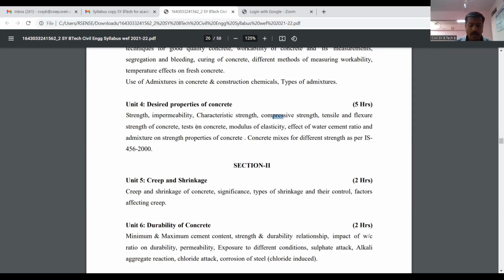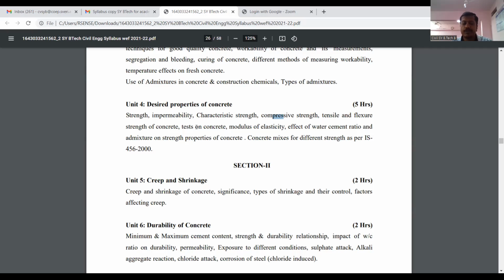Earlier, in the fresh stage, we studied the properties of concrete like segregation, bleeding and workability. Now in chapter number 4 we are going to study the properties of the hardened concrete. Then you have the modulus of elasticity, effect of water to cement ratio, admixtures, that is the use of admixtures to improve the properties of the concrete, and different concrete mixes as per our Indian standard. So this part we are going to study in chapter number 4, that is desired properties of the concrete.